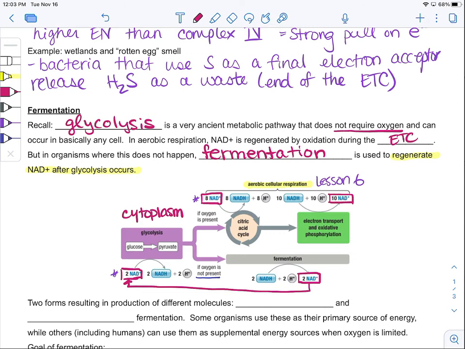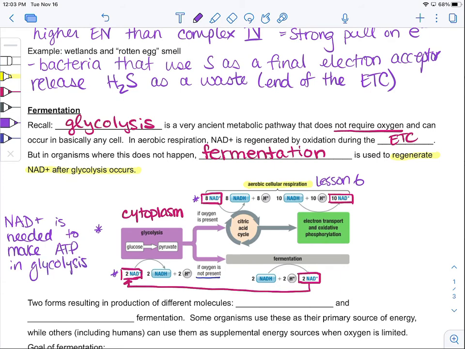Now, some of you might be thinking, what is the point of doing this fermentation? Why is it so important for that NAD plus to be regenerated? Well, remember from the beginning of lesson 6, this NAD plus is needed to make ATP in glycolysis. I like to think of this from a chemistry perspective.